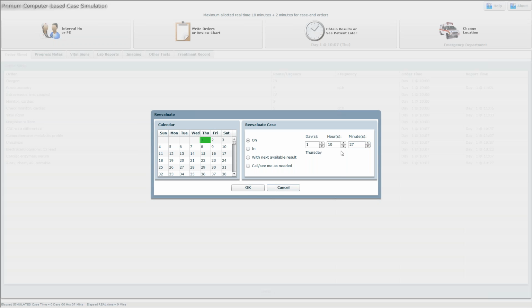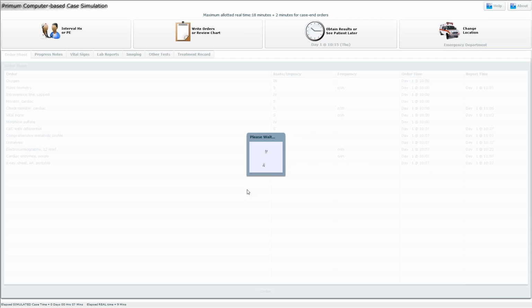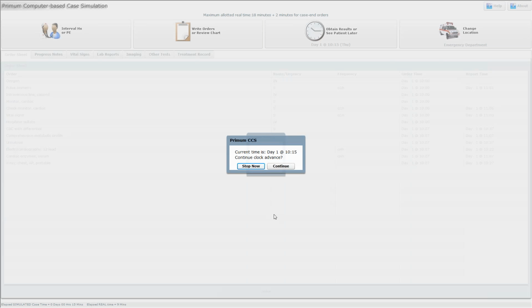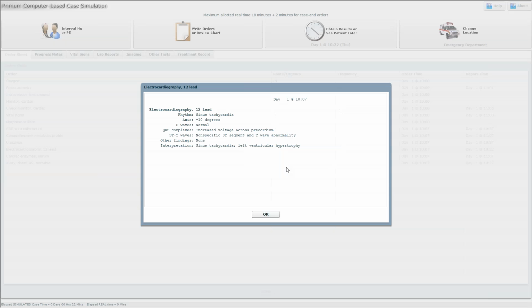Each time something pops up before that, the software gives you an option to stop the clock. The patient has partial pain relief. What does the software say next? Stop now or continue? When you continue, you're moving towards the 10:27 you selected. So you're not losing control of the clock just by setting a time there.